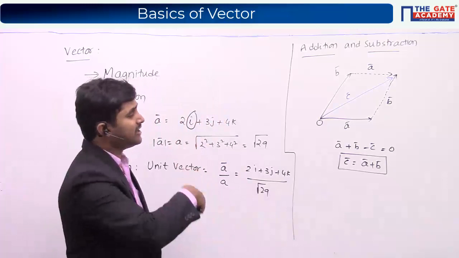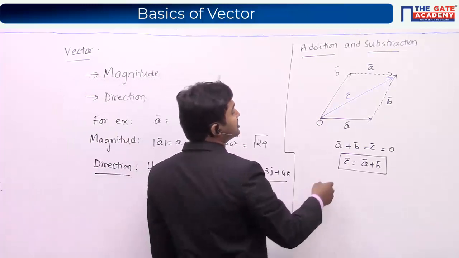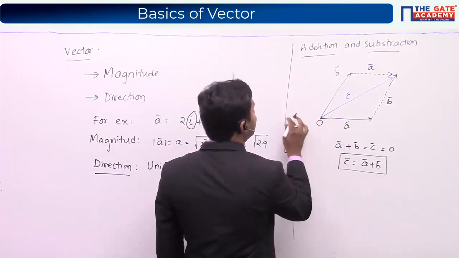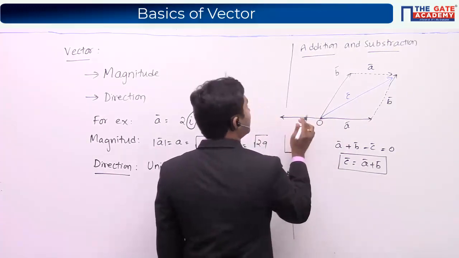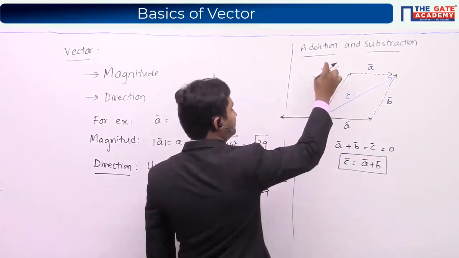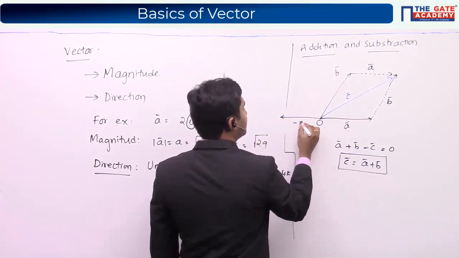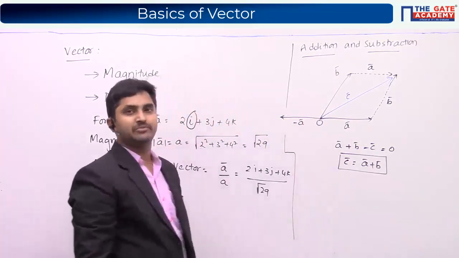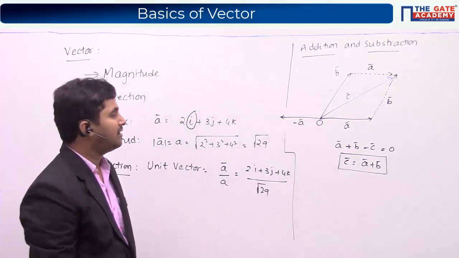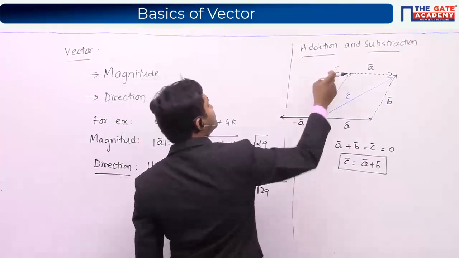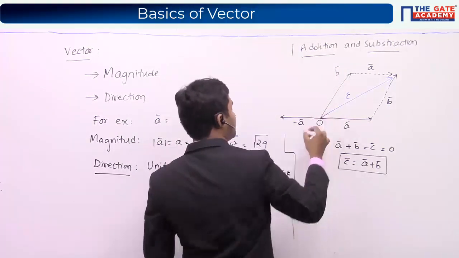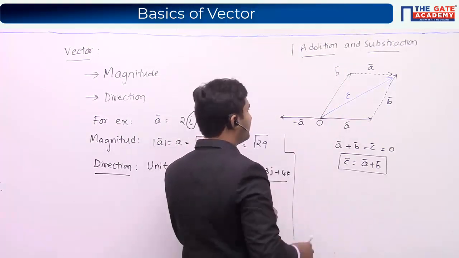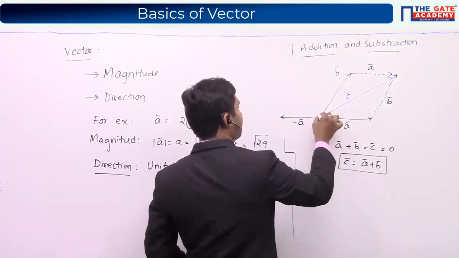Now in the same way, let me do the addition between minus A bar and B bar. The vector addition of minus A bar and B bar is given by a vector which exactly goes from the middle of these two vectors.